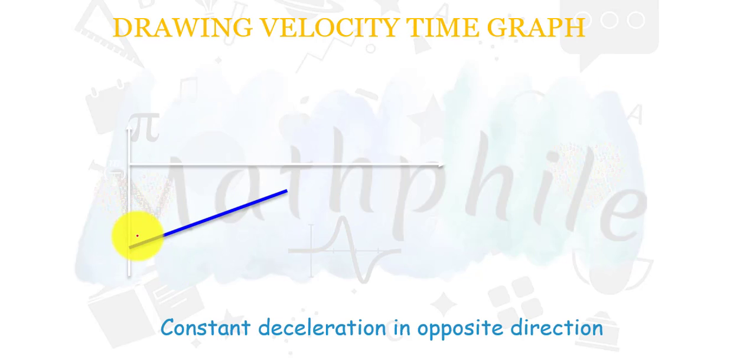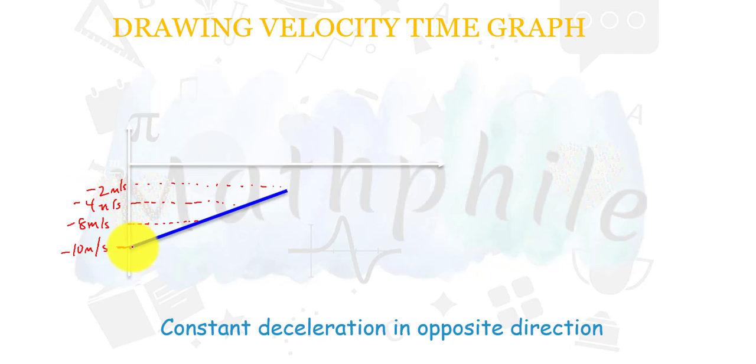With this one again, let's assume that this side is negative 10 meters per second. If I move along this line, this definitely won't be greater than 10. It's going to be lesser than 10. So let's say negative 8 meters per second. Moving along the line, this is negative 4 meters per second, and at the final end, maybe negative 2 meters per second.